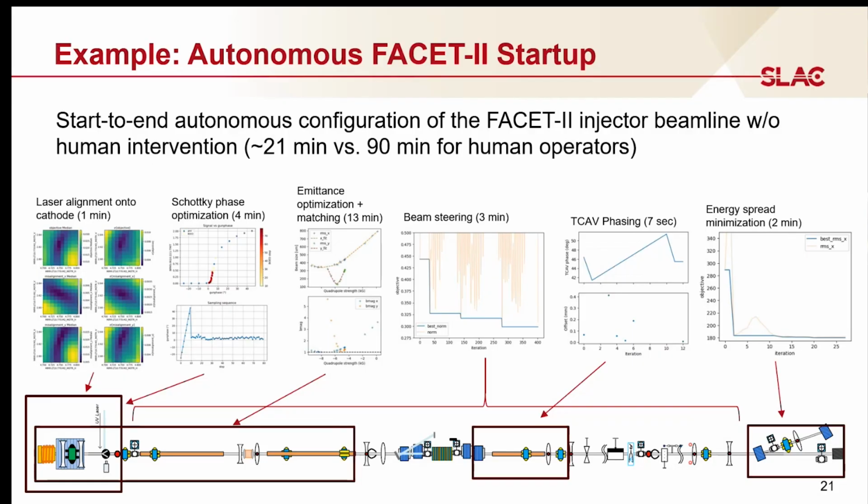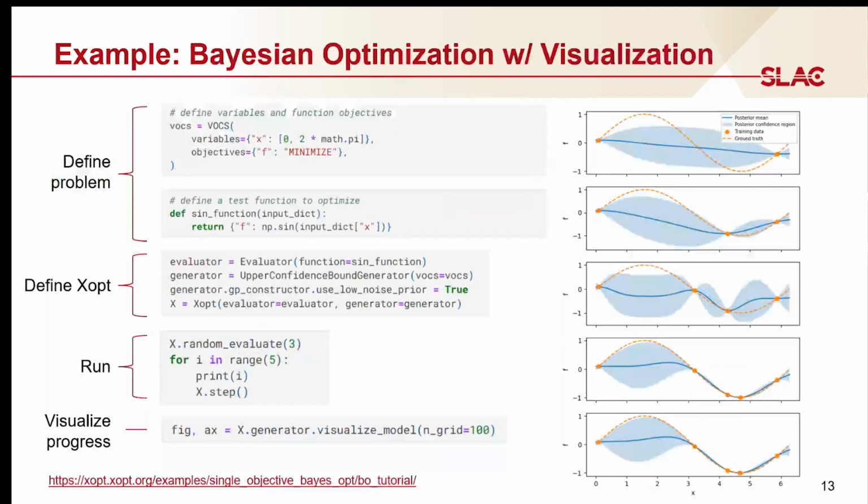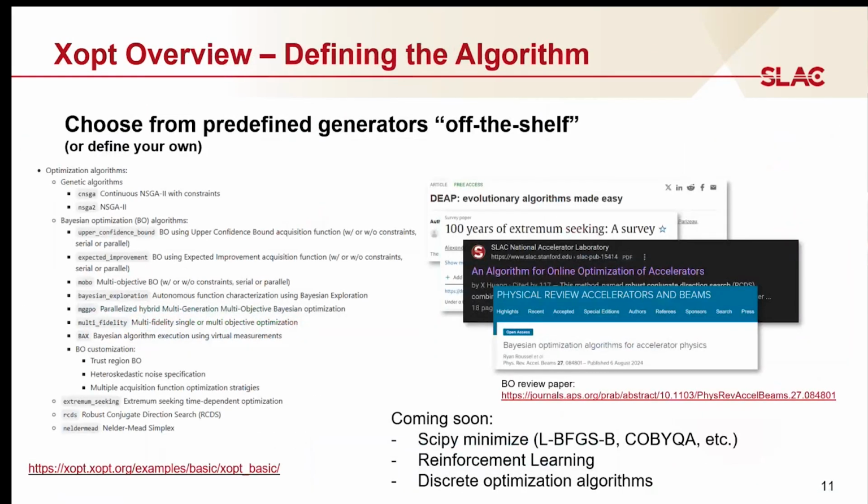And so Xopt was aiming to unify the broad scope of optimization algorithms that we use inside the context of accelerator physics. So for example, Bayesian optimization, one of the well-known packages for this is Ax, which is based on BoTorch. And then, for example, genetic algorithms, you have things like PyMOO, and there's other things out there.